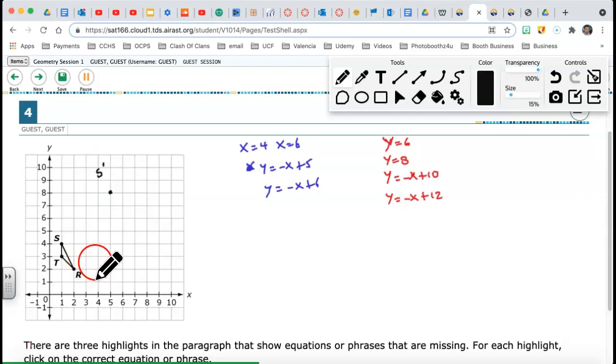The R, 1, 2, 3, 4, 1, 2, 3, 4. T, 1, 2, 3, 4, 1, 2, 3, 4. So this is T prime and this is R prime. Okay? And this is my new triangle.